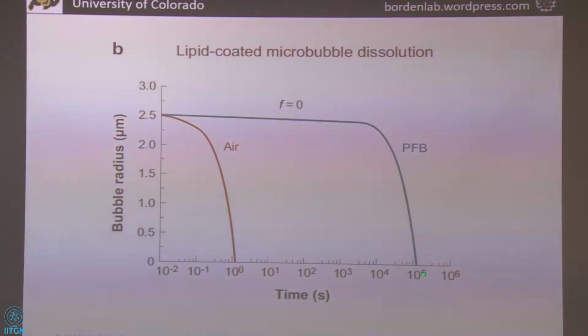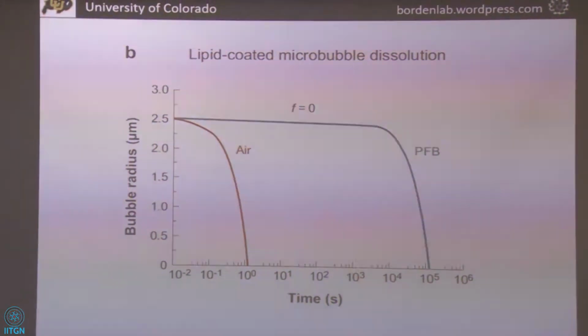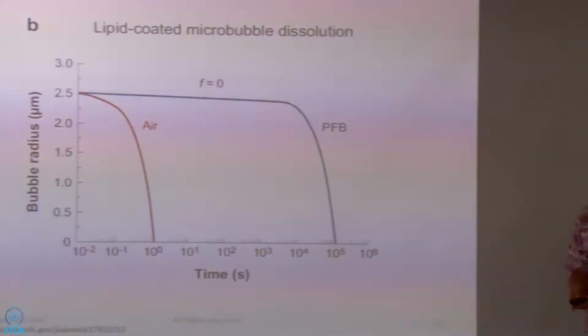But a PFB bubble will last much longer, out to 10 to 15 seconds, even in degassed environments. So this is basically saying that the shell helps stabilize the bubble by reducing surface tension and retarding the permeation of the gas. But ultimately, the stability again comes from the surface tension diminishing capability of the lipid.